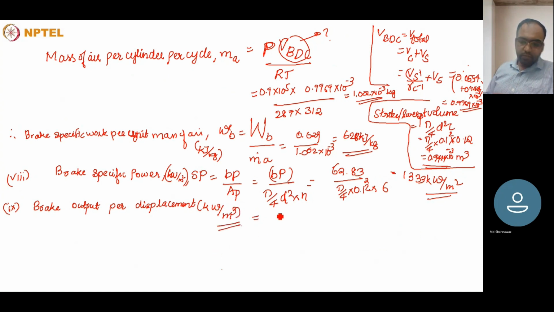Brake output per displacement, OPD, is equal to brake power for the 6 cylinders divided by the stroke volume, or swept volume, per cylinder multiplied by the number of cylinders. So that will be coming around 11.1 into 10 power 3 kilowatt per meter cube.